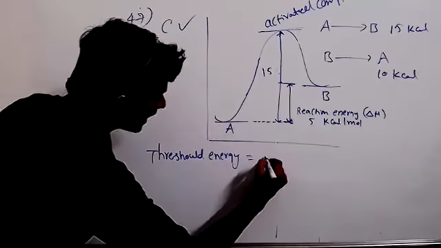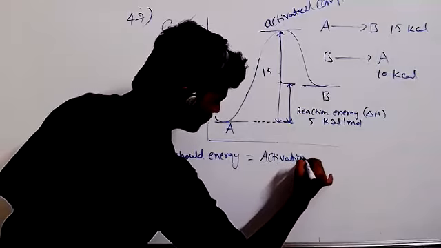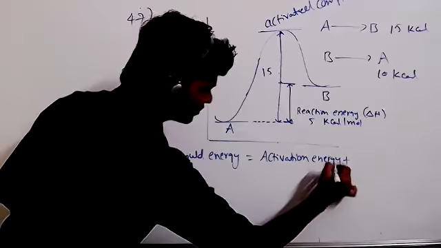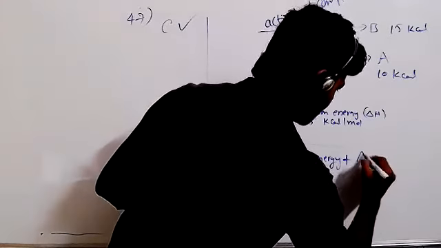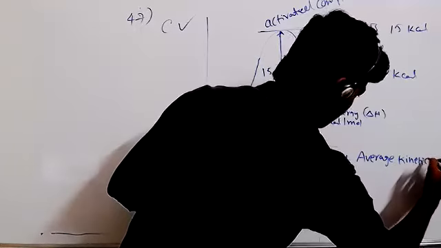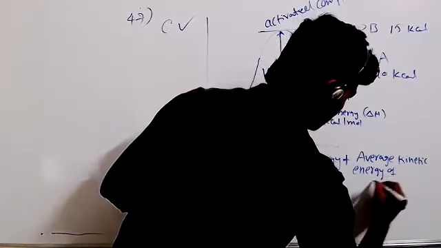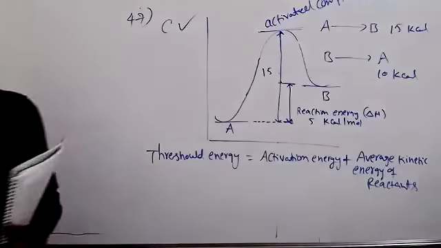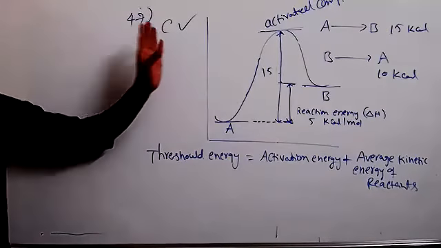Threshold energy is equal to activation energy plus average kinetic energy of reactants. Write this formula, but this formula is not related to the 47th question.